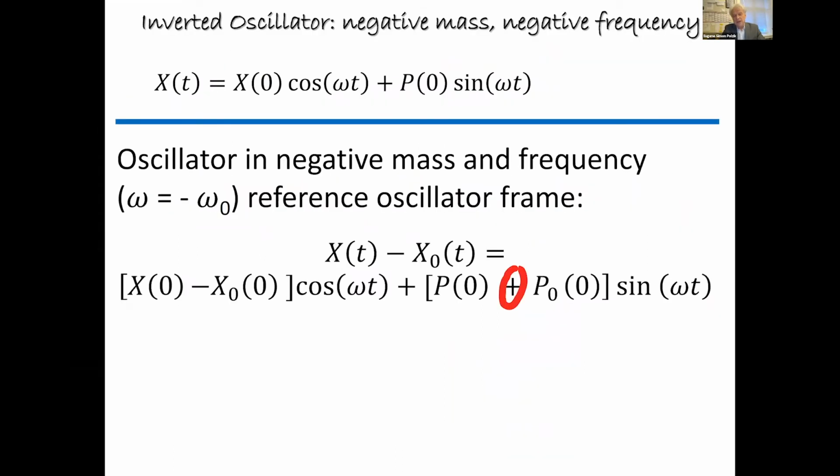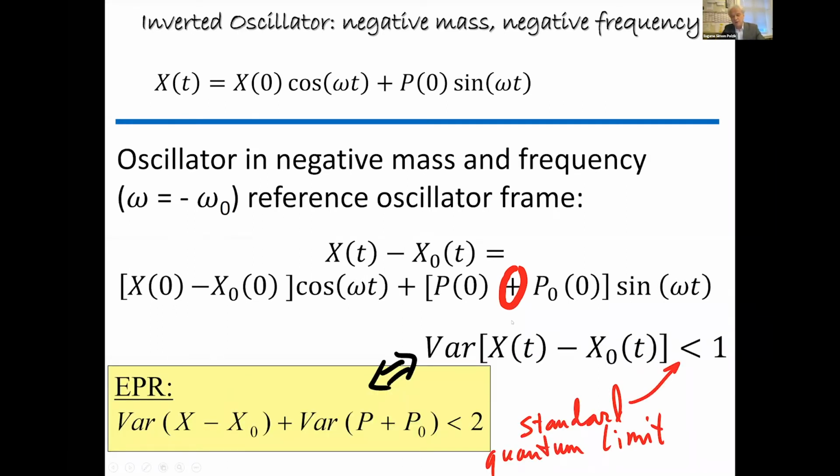Obviously, the same can be discussed for an oscillator, and for an oscillator, in fact, the negative mass is equivalent to the negative frequency and the negative elasticity, because in this case, again, the minus is turned into a plus.